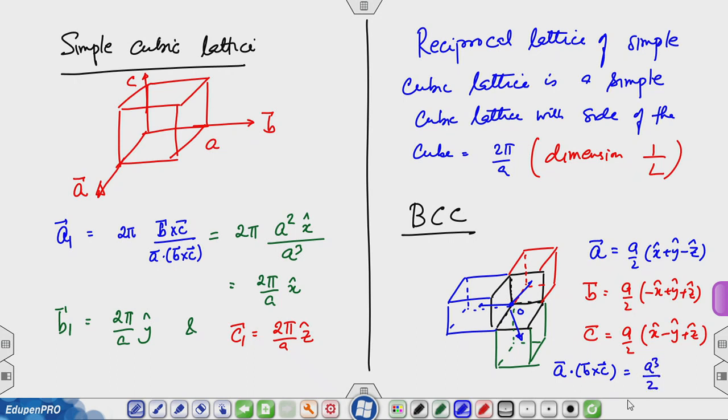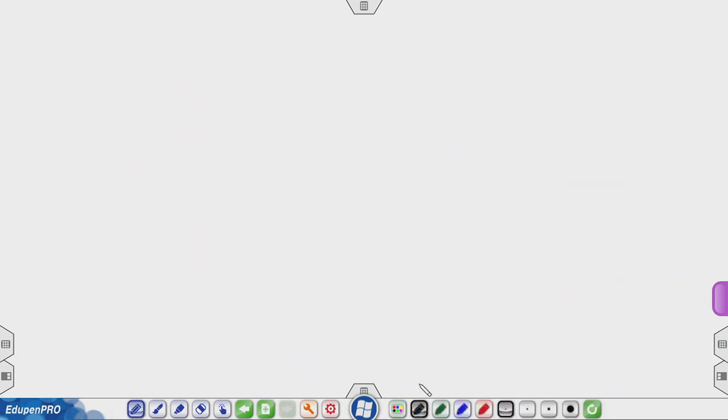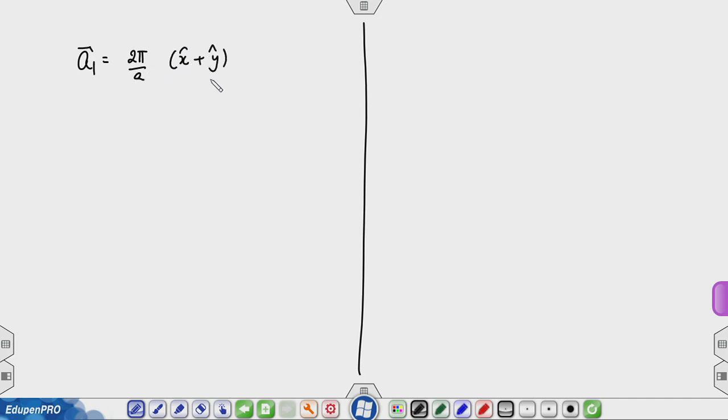Using these, I can calculate the reciprocal space vectors, and they come out to be A 1 equals 2 pi by A x plus y, B 1 is equal to 2 pi by A y plus z, and C 1 equals 2 pi by A z plus x.